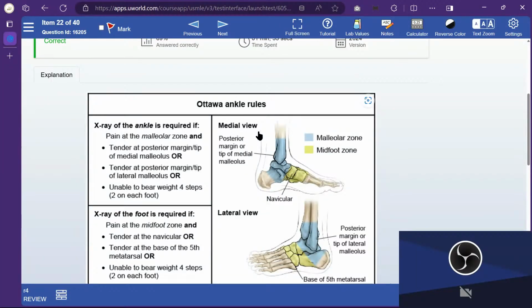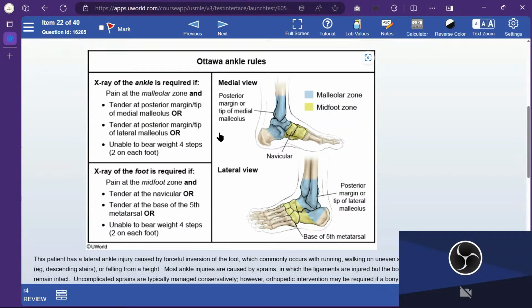When do you X-ray the ankle, and when do you X-ray the foot? If there is pain in the malleolar zone, do X-ray of the ankle.